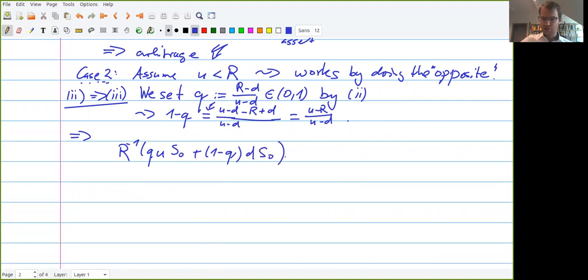This is the quantity I want to calculate, and I want to show that this is equal to S0. Right, so that's nice. So this is R. And that's the first one. I can pull out S0. That's also fine. And I can plug in the definition of Q.